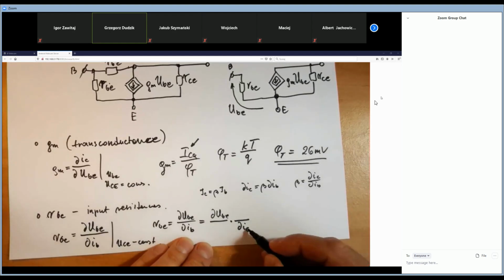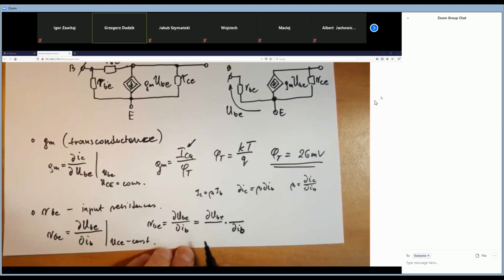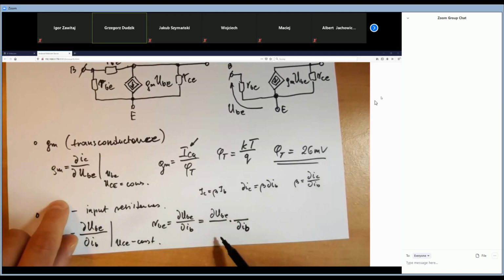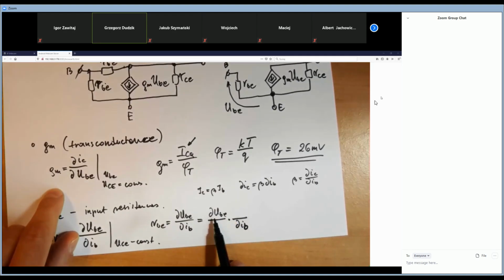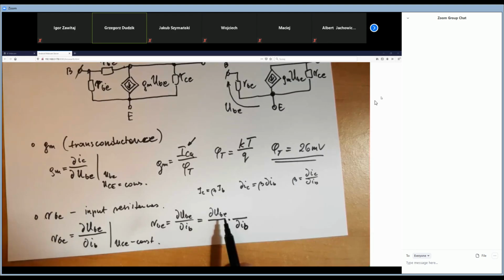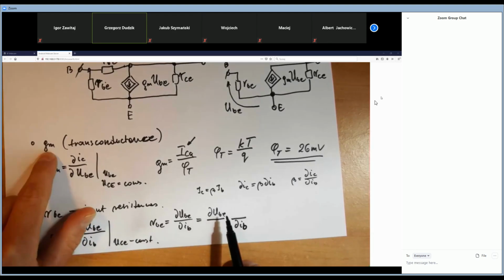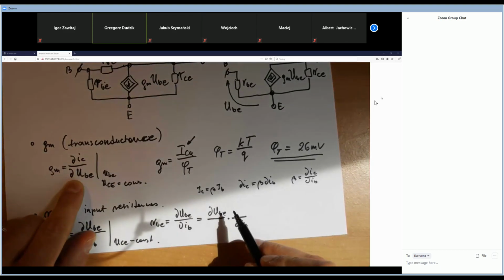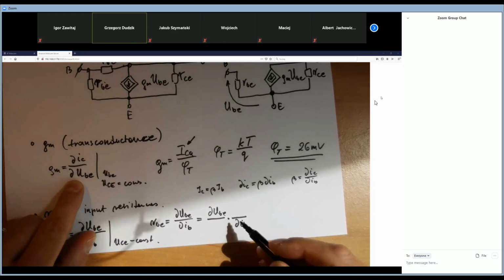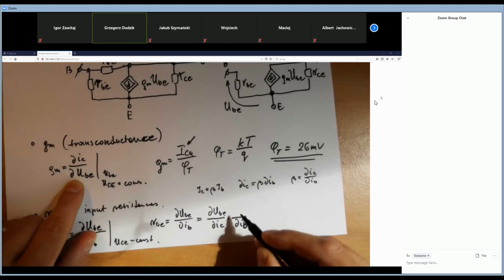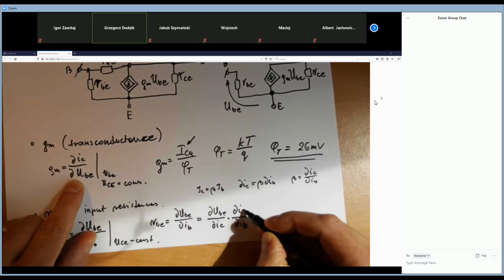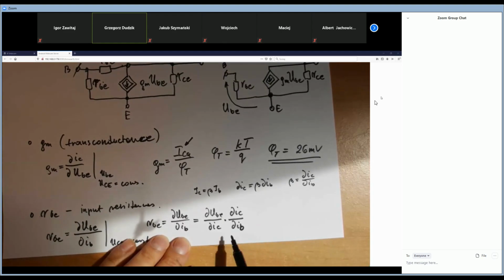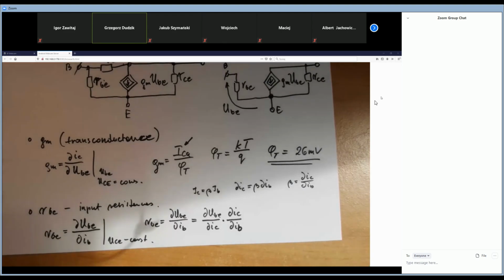Sorry, this is the IB. I need to put something here and divide UBE to get known values like the GM. So look, if I divide this formula by the IC and multiply by the IC at the same time, because I can do that without changing the RBE formula, look what I have.